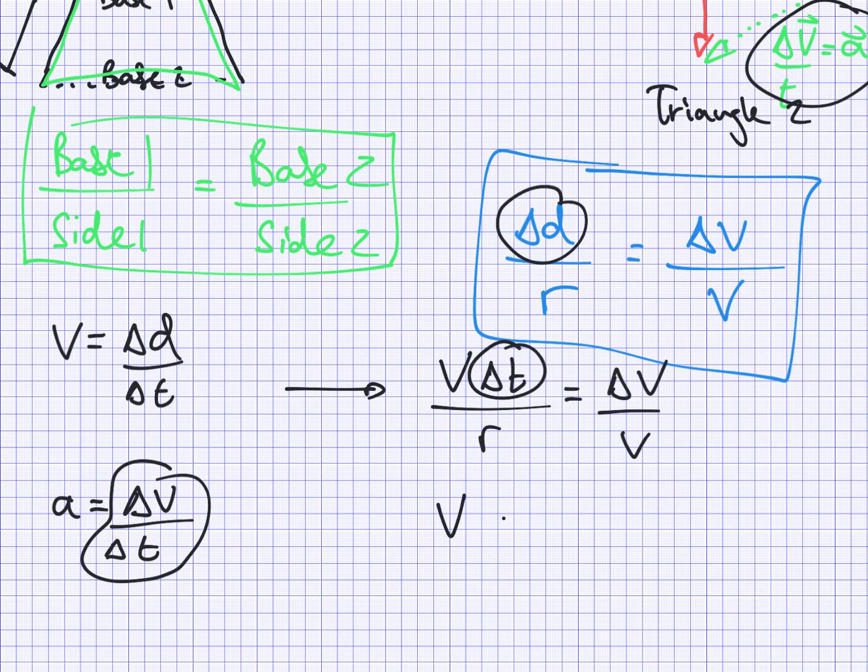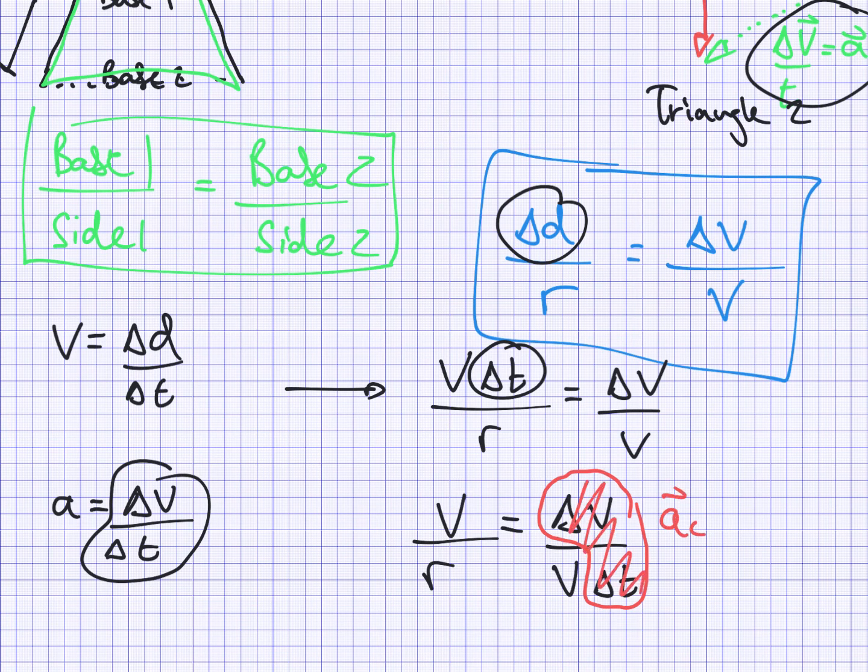So that leaves me with V is delta V over V delta T, this, of course, being still over R. And this is where we can identify that acceleration. That bit there is acceleration.